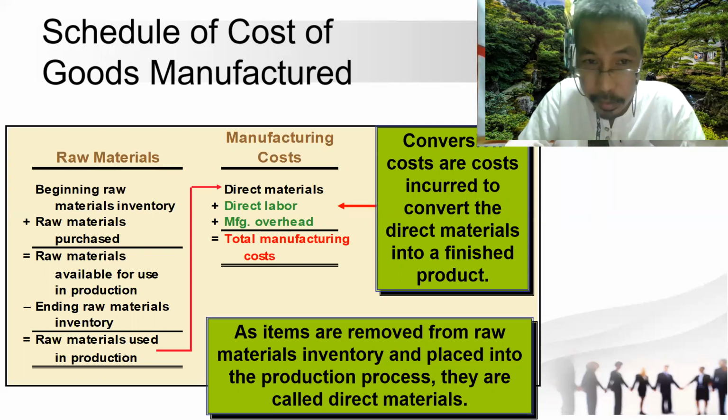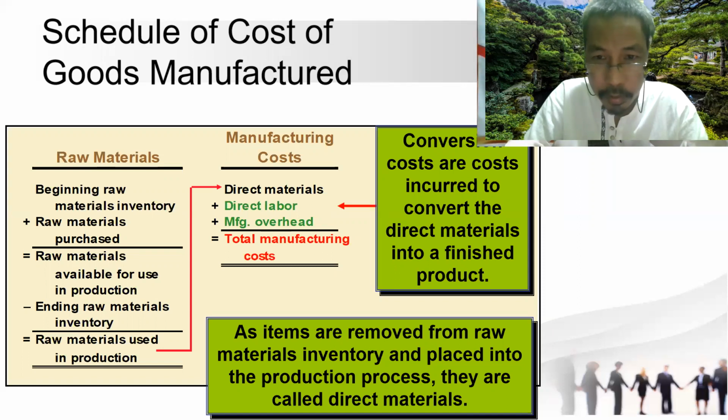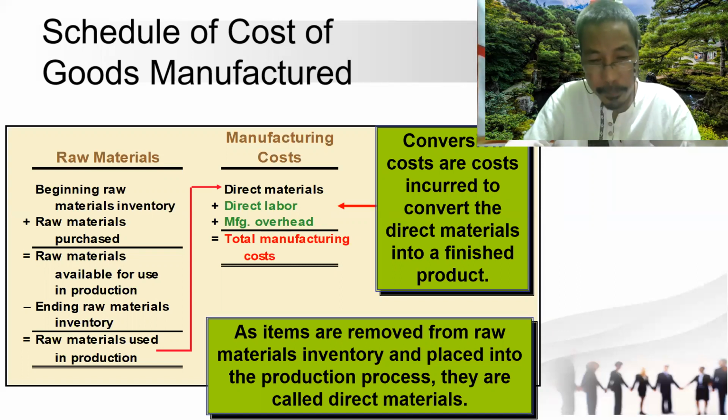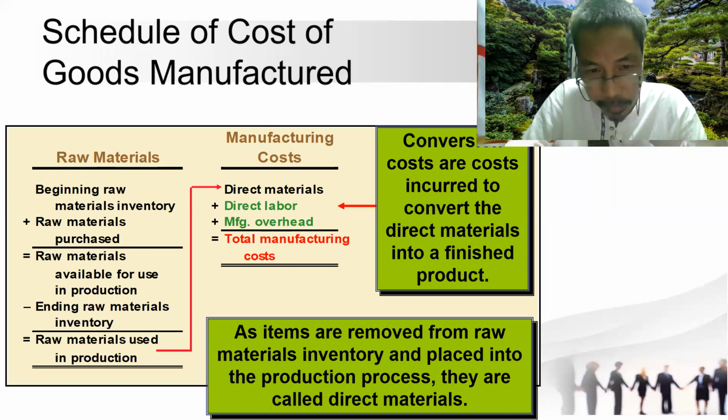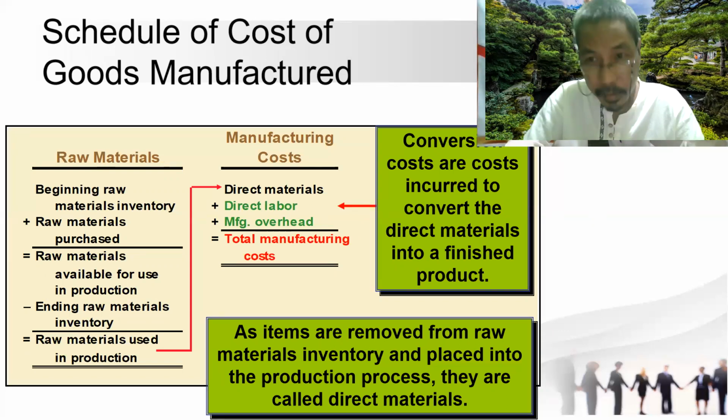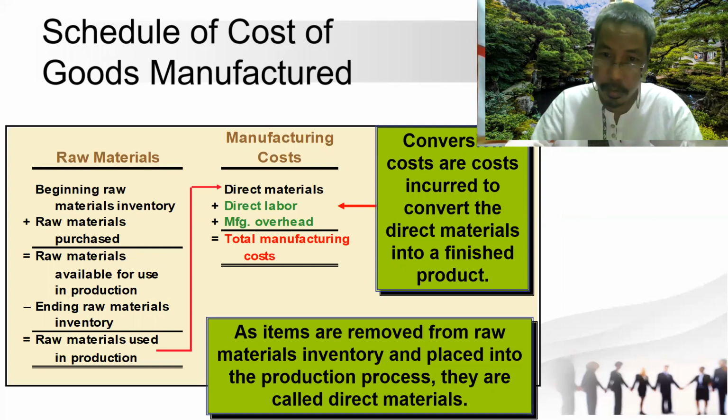Okay, that is conversion cost. They are the costs that convert the direct materials into finished product. As items are removed from raw materials inventory and placed into the production process, they are called direct materials, as we just explained in the previous slide.